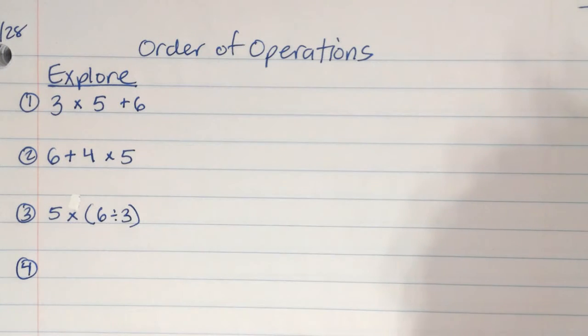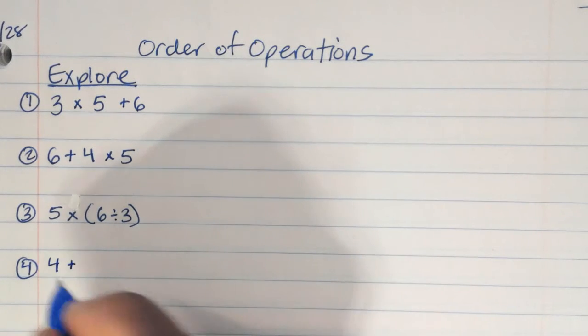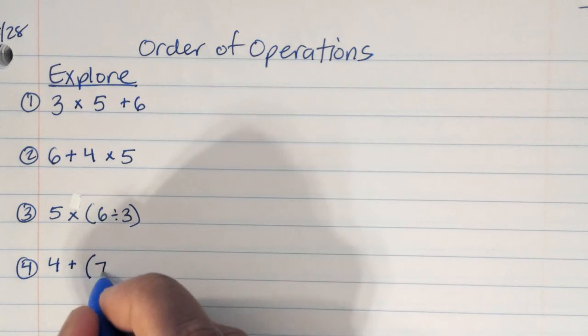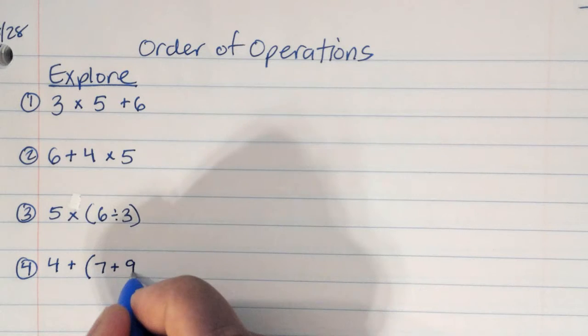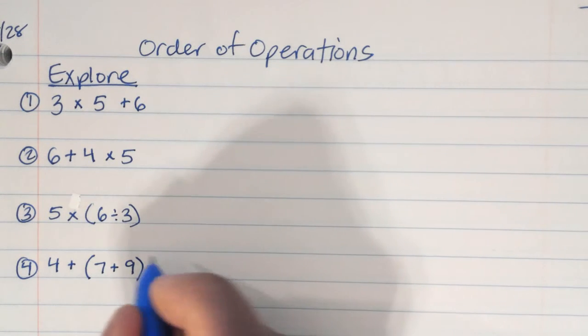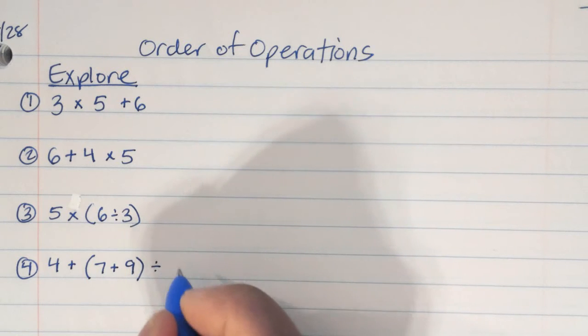And our last one, 4 plus, parentheses, 7 plus 9, parentheses, divided by 2.